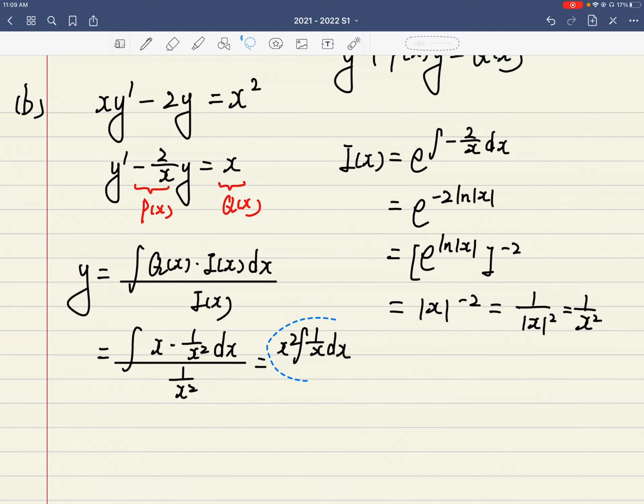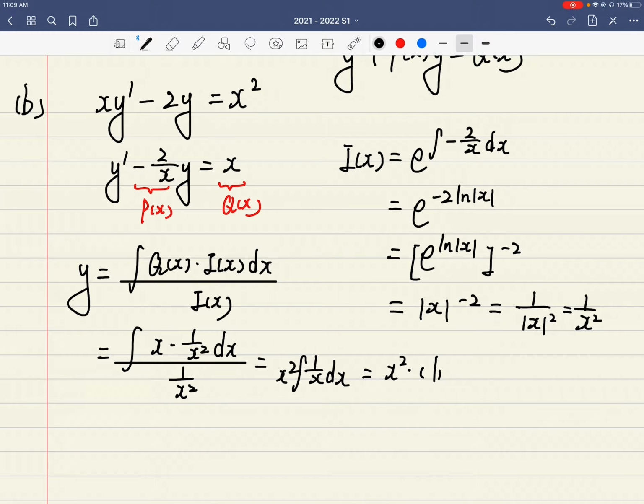Okay, so that's what you get, and you integrate 1 over x, again, you have ln absolute value of x, plus c. So this will be your answer.